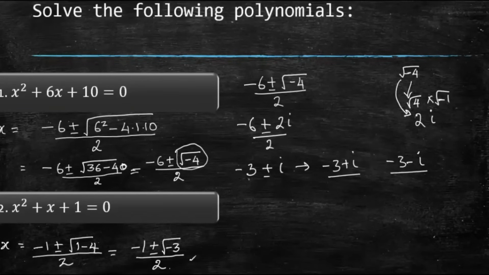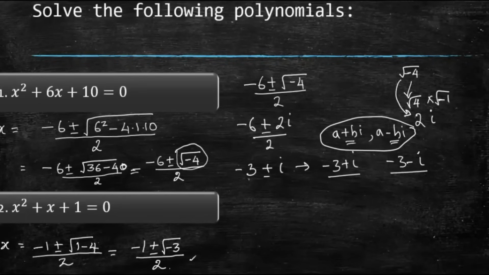So a plus bi and a minus bi are called conjugates. If you have watched my previous video, you know what a conjugate is. So conjugate is changing the imaginary part: plus b becomes minus b, but the a, the real part, remains as it is. How do you simplify this? -1 plus or minus square root of -3.